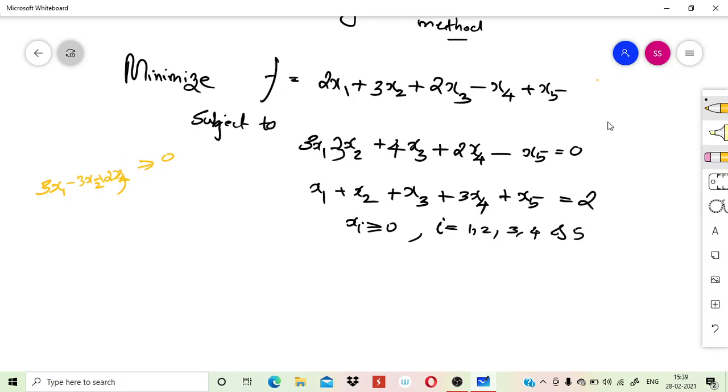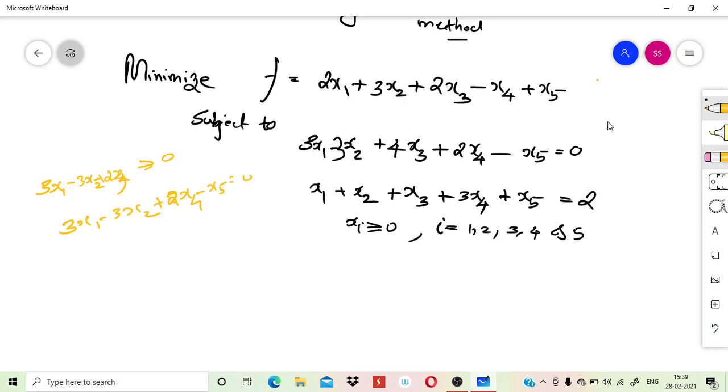You have to subtract a surplus variable from this inequality, so that it will become 3x1 minus 3x2 plus 2x4 minus x5 equal to 0. So actually this minus x5 is nothing but your surplus variable.